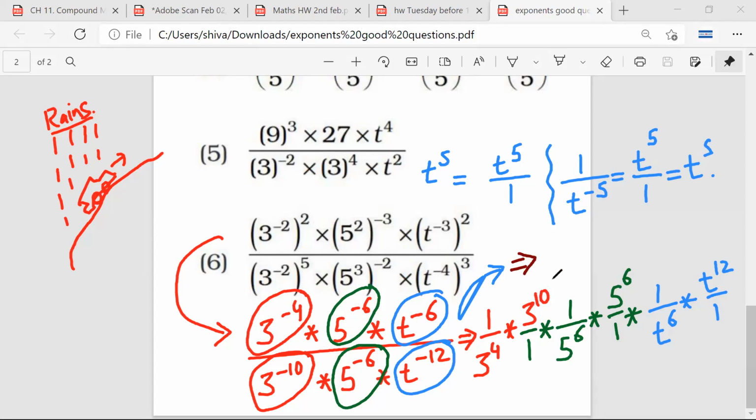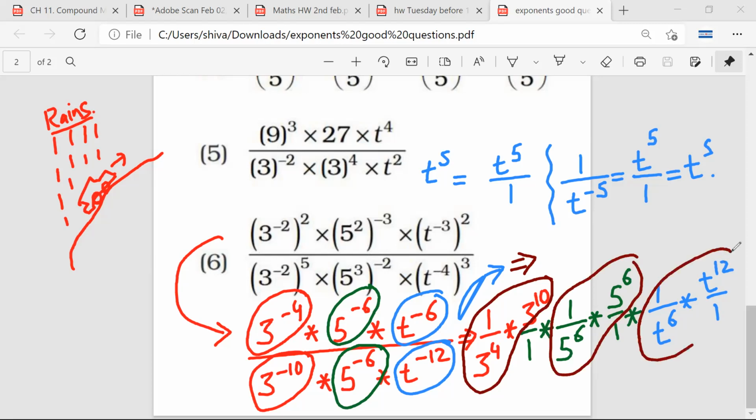Now what I'll do is solve these and write this as 3 raised to power 10 minus 4 into 5 raised to power 6 minus 6 into t raised to power 12 minus 6. Any doubt?